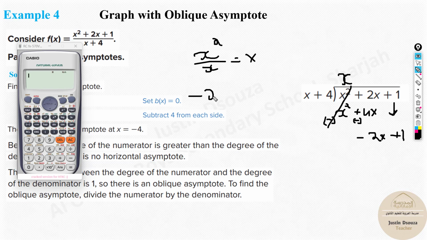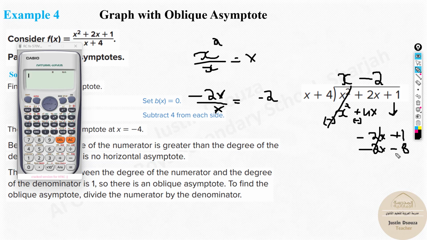Now what do you do? Minus 2x, the first term, repeat all these steps now. Minus 2x divided by x equals, this cancels, you're remaining with minus 2. So minus 2 is what comes up over here. Now multiply these two terms individually with minus 2, like the distributive property. x times minus 2 is minus 2x. 4 times minus 2 is minus 8.